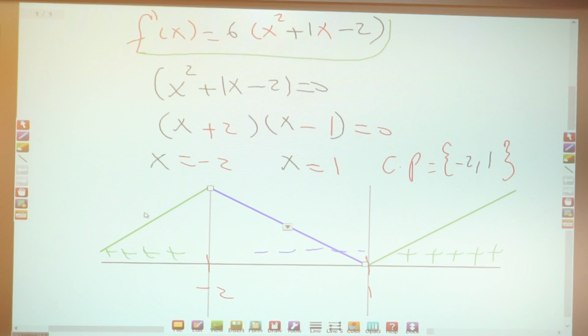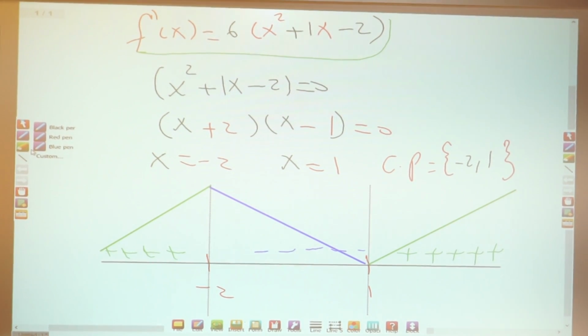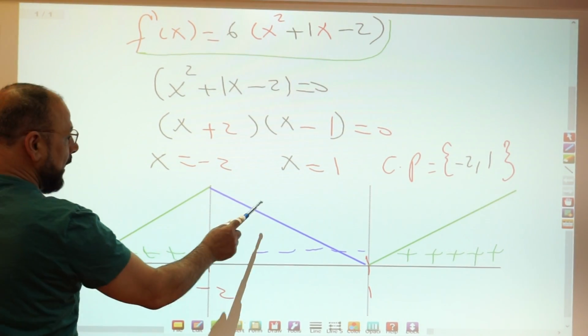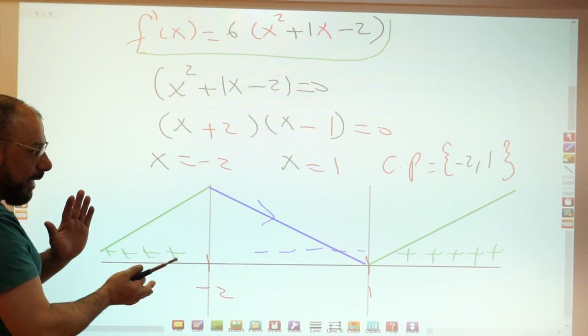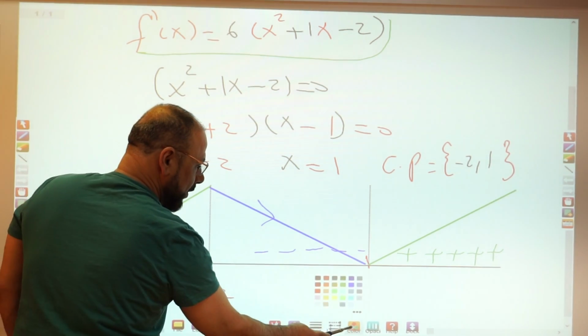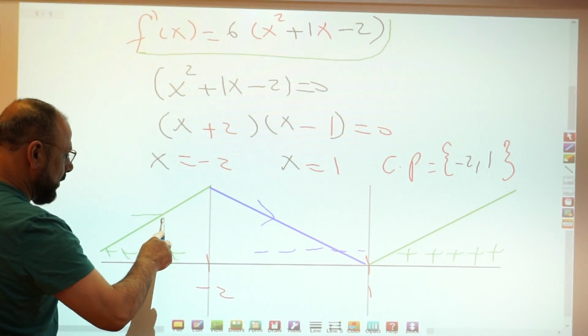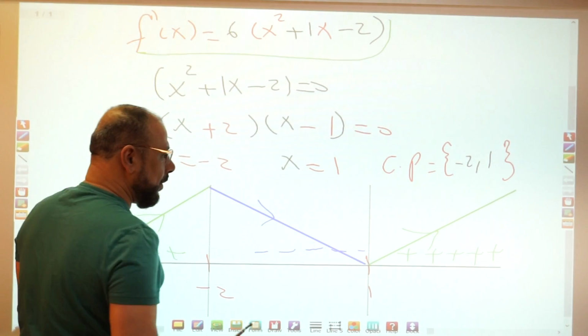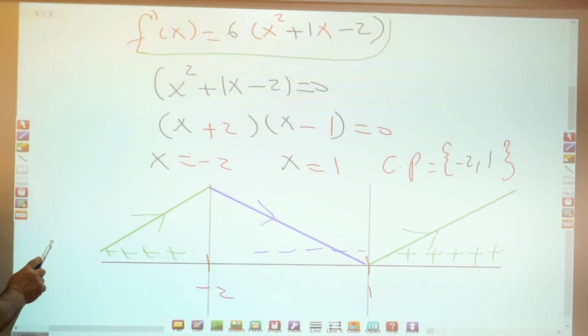This going down is decreasing, and this graph will help me find the maximum and the minimum. And this going up and up, then increasing.